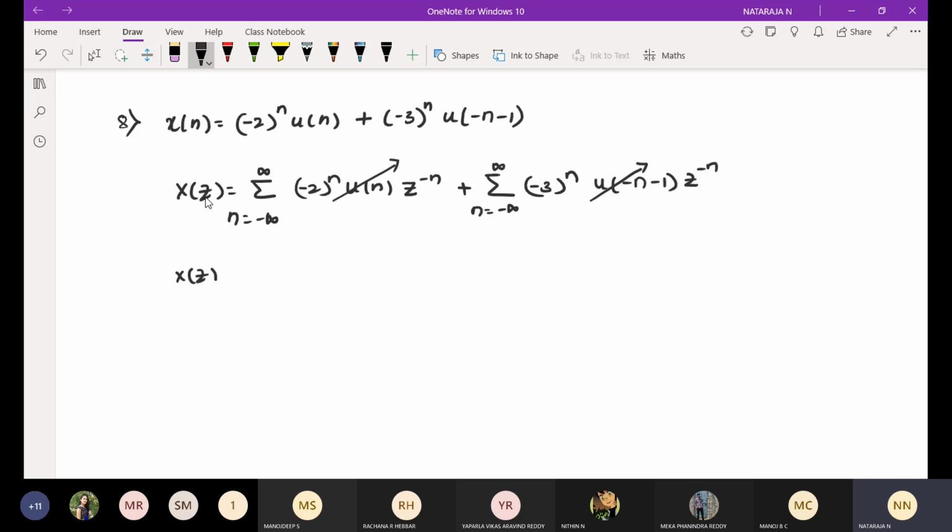Based on that, x of z is equal to summation, where u of n means it is 0 to infinity, of minus 2 z inverse whole to the power of n, then plus summation with limits from minus infinity to minus 1 of minus 3 z inverse whole to the power of n.